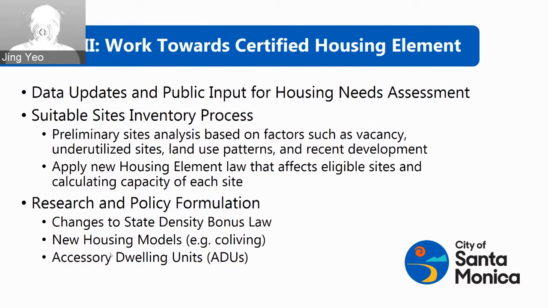The suitable sites inventory process, that's the process in terms of identifying sites that can accommodate potential housing growth, and research and policy formulation with respect to density bonus law, accessory dwelling units, and this sort of category, kind of calling new housing models, new, but not probably all that new.